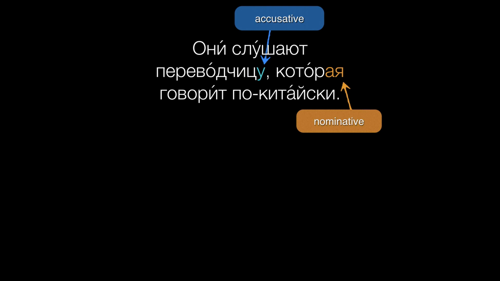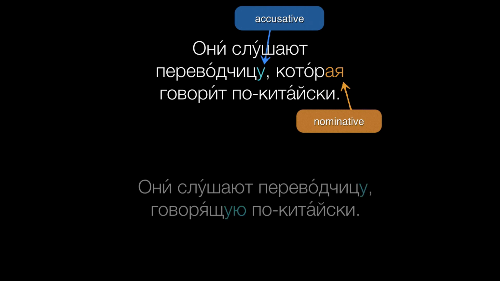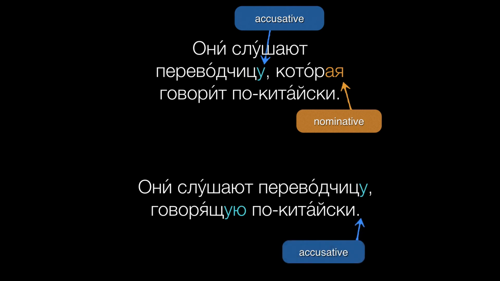She speaks Chinese. Let's compare that to expressing the same thought with the participle. Они слушают переводчицу, говорящую по-китайски. Just as before, переводчицу is accusative, since she is the direct object in that first clause, but the participle говорящую is also accusative to agree with переводчицу.